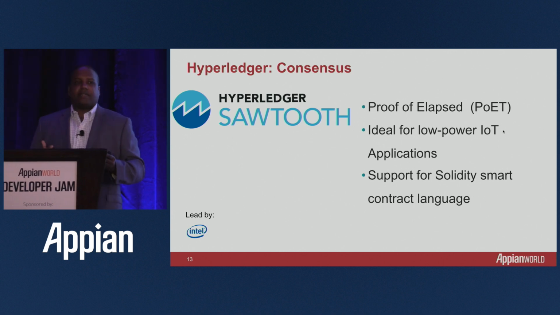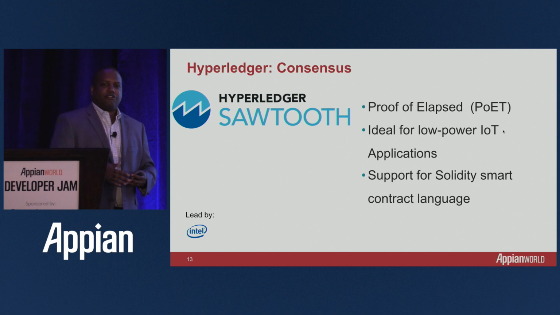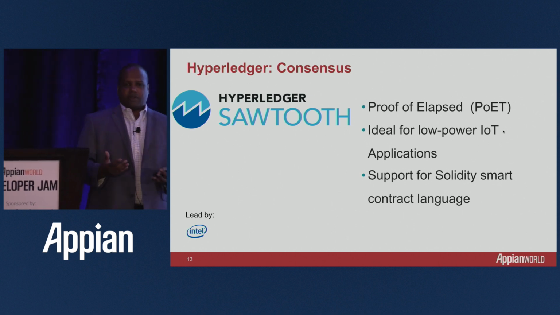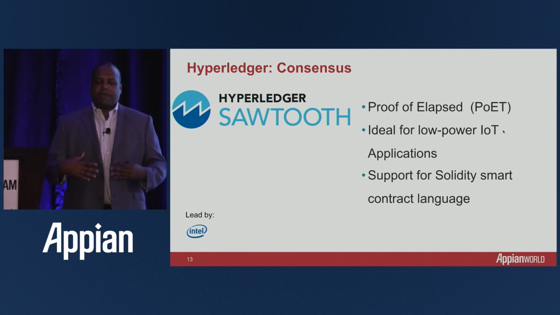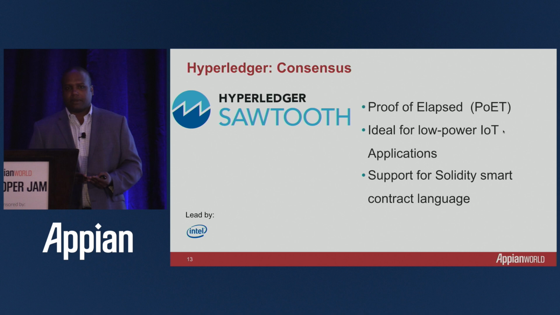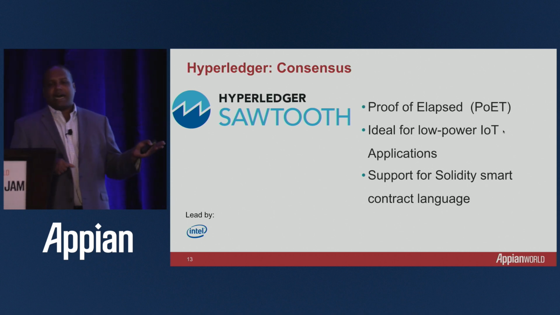Hyperledger Sawtooth wanted to take a different direction, and it's because it didn't want only the strongest computing resources, or the folks of the companies with the strongest computing resources, to be able to make a meaningful impact and be a meaningful participant in a blockchain network. And so what they did was something called POET, or proof of elapsed time.